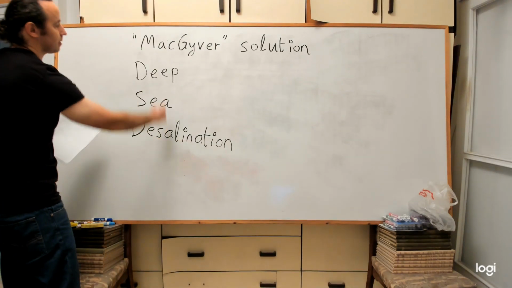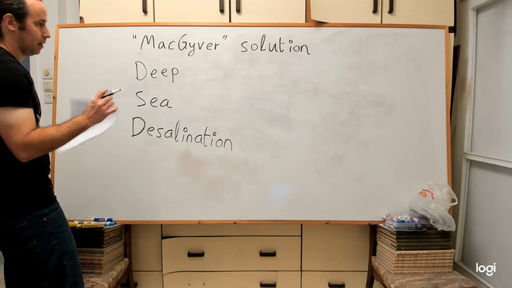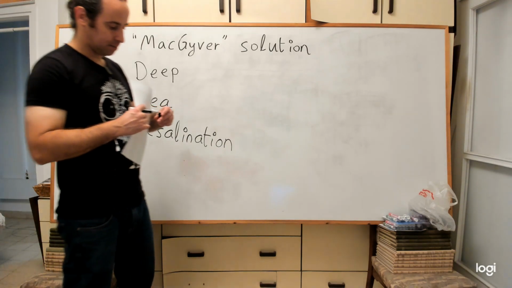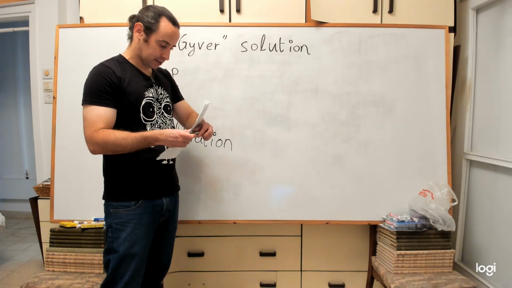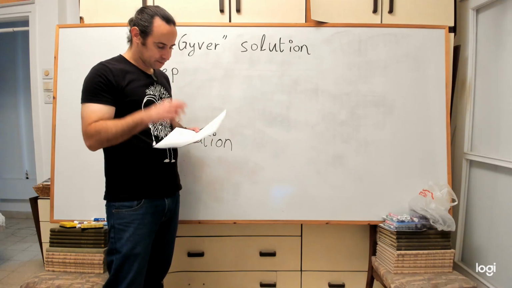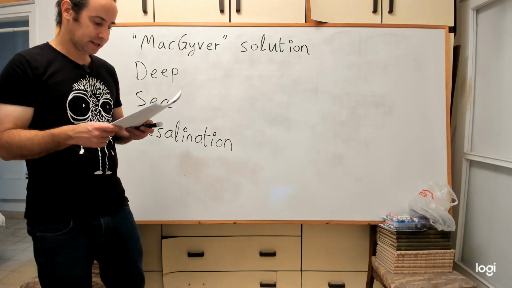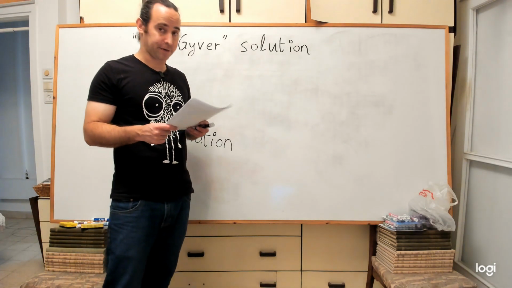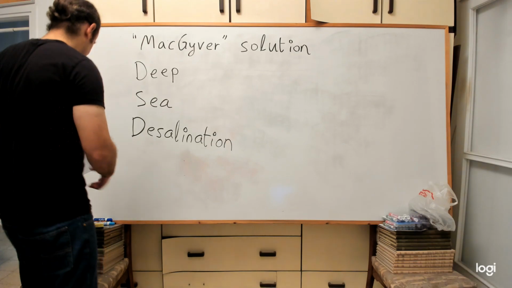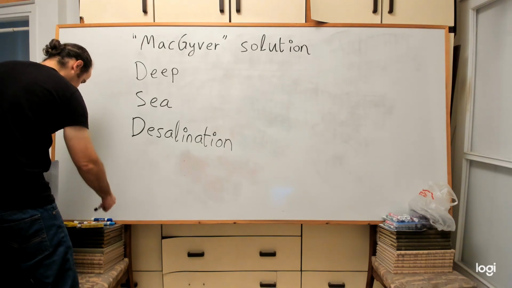It's the same desalination, but we are doing it in a cheaper way, much less expensive. So down at the bottom of the sea, there is a lot of pressure for free.